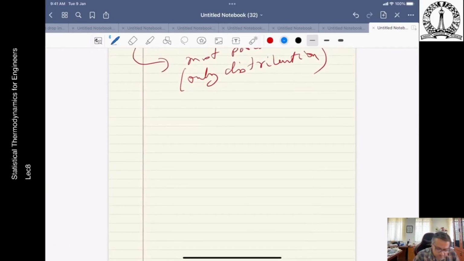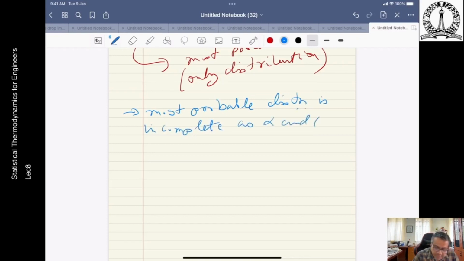So the most probable distribution is incomplete as alpha and beta are unknown. Okay, so let us now do a simple thing, because we have to find this in some way.